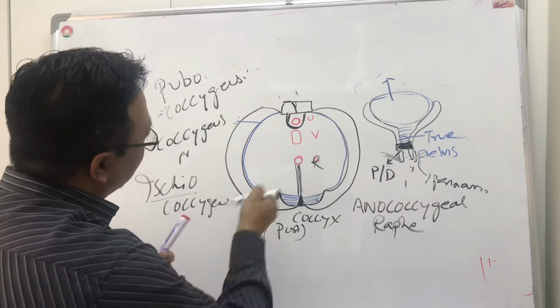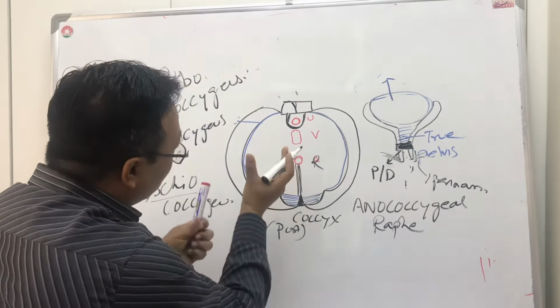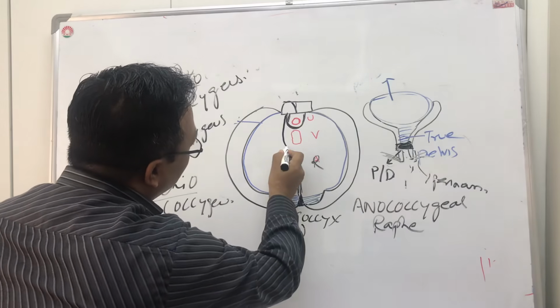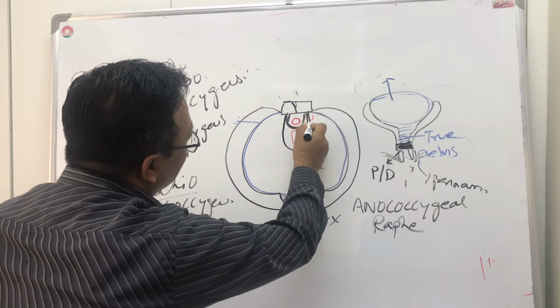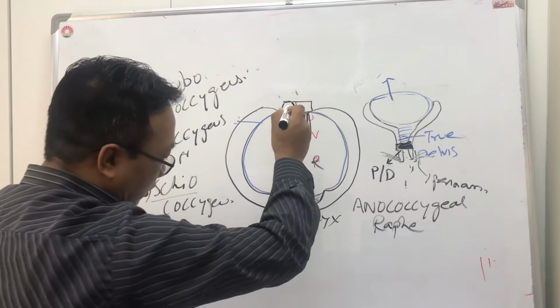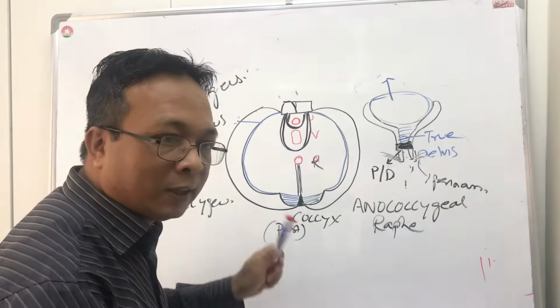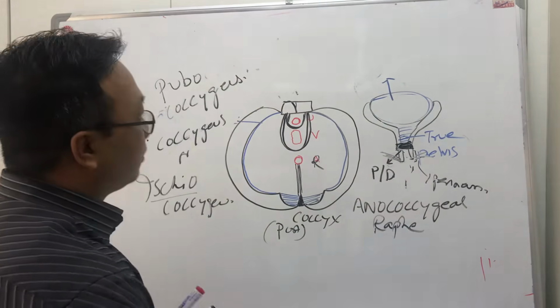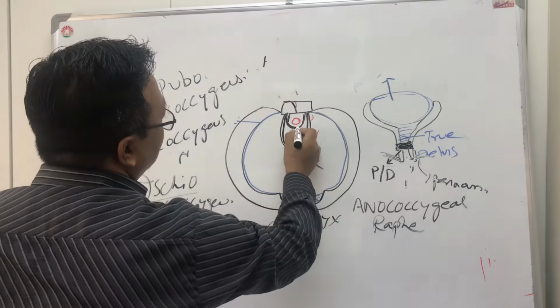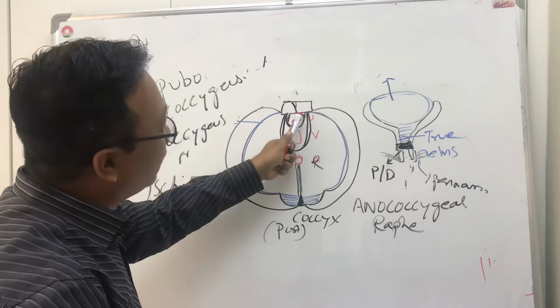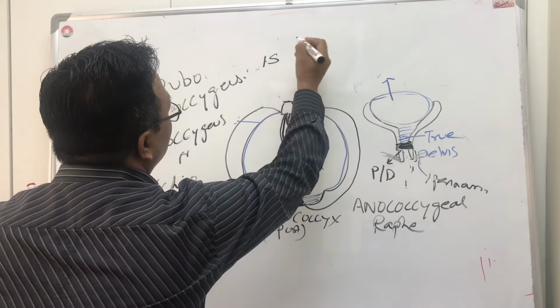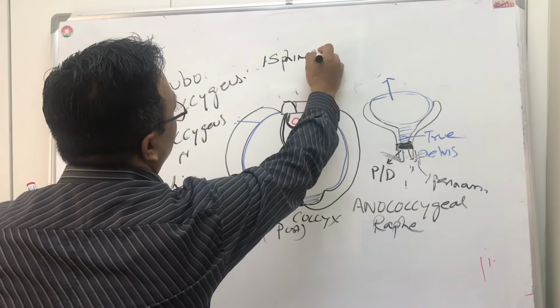Then there is another sling coming up, and it holds the vagina, and this is called sphincter vaginalis. So first, this muscle is holding the urethra. This is called sphincter urethra.